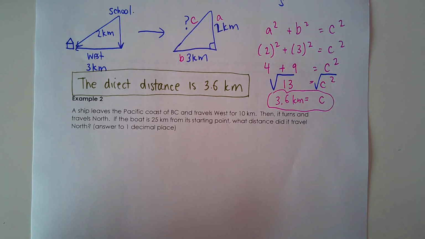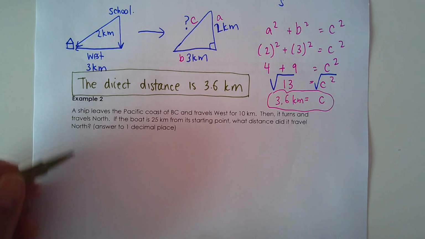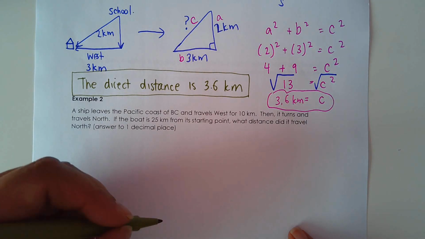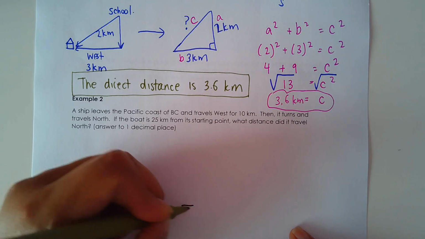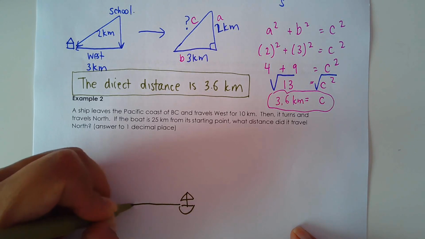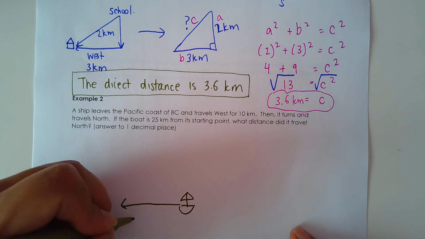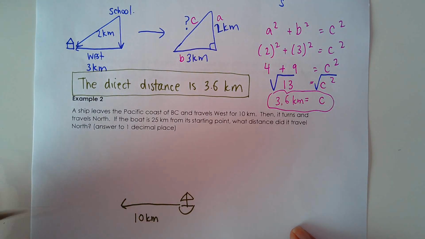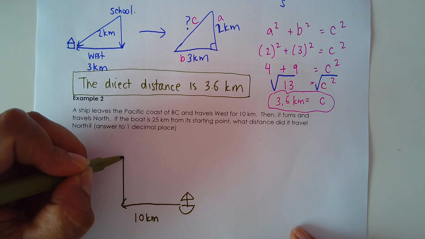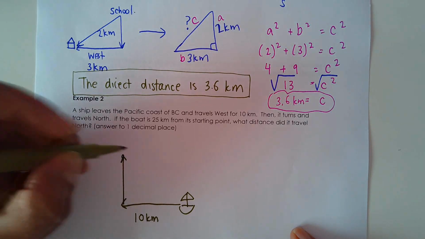So let's go through this here. So it travels west for 10 kilometers. So here's our boat. It travels west for 10 kilometers. Then it turns and travels north. Okay, and it ends up here.